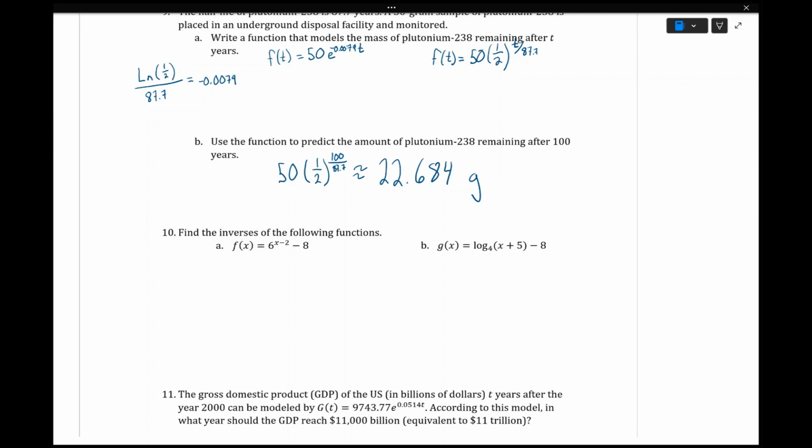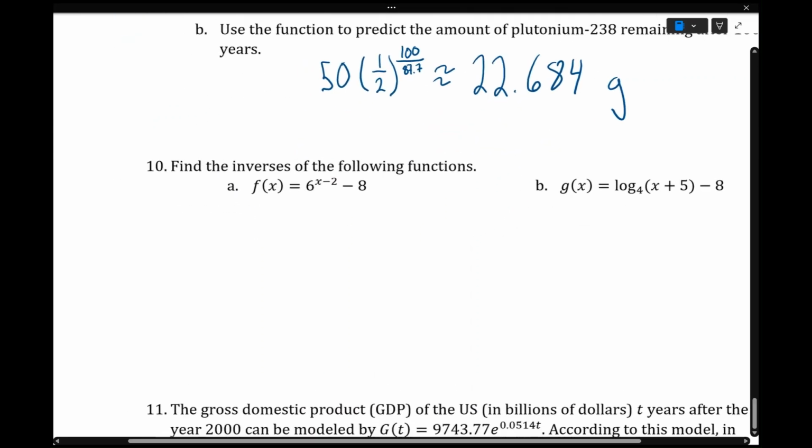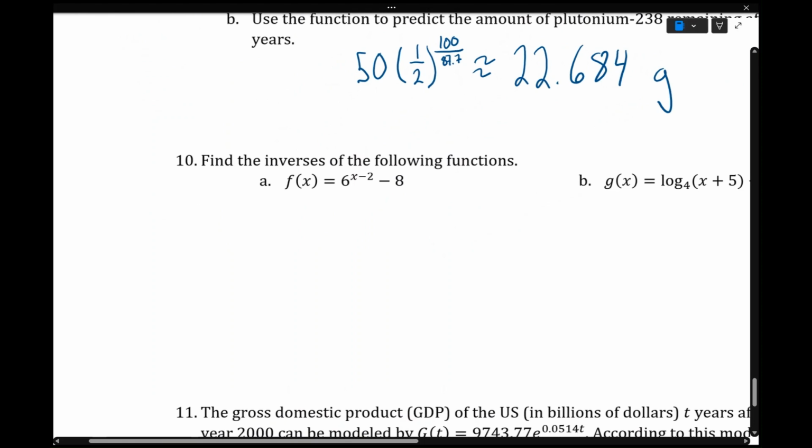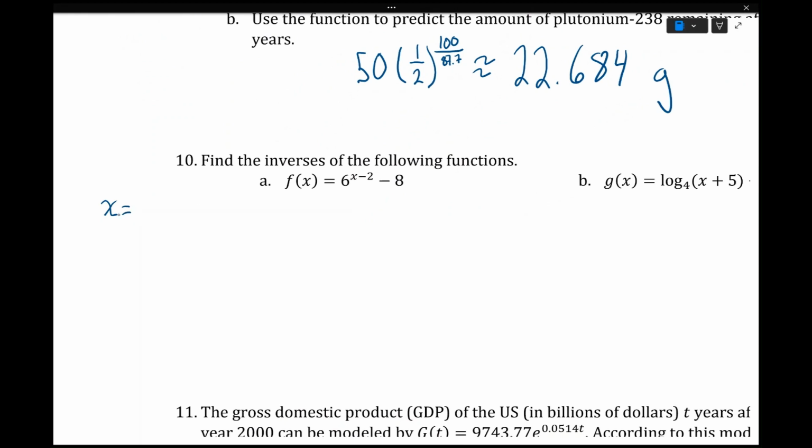Now, let's find some inverses of exponential and logarithmic functions. We can always find inverses using our classic strategy of flipping x and y, where I say x equals 6 to the y minus 2 minus 8. I can add the 8 to both sides. So I end up with x plus 8 equals 6 to the y minus 2 power. I've gotten my exponential isolated, so now I can switch it to a logarithm.